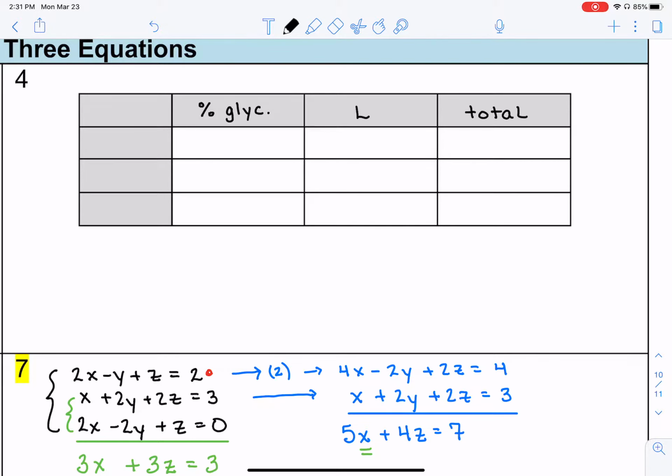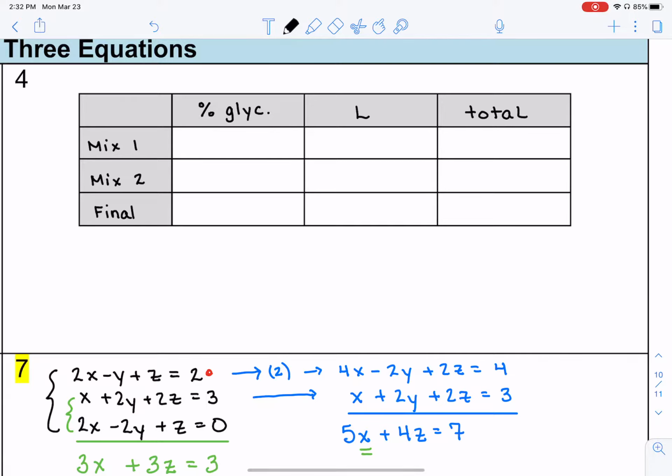Okay, and then I'm going to come down to the rows. The first row, I can just call it my mix 1. My second mix, mix 2, and then my final mix. And then I'm going to gather information from the question. So the first sentence kind of helps us guide through the first mix. It reads 10% of the first solution.